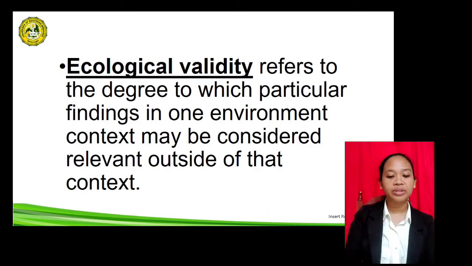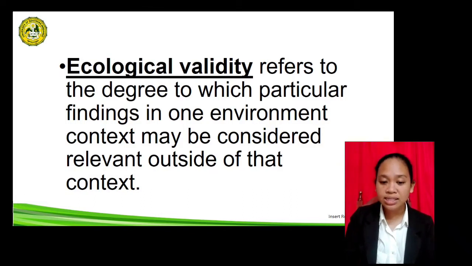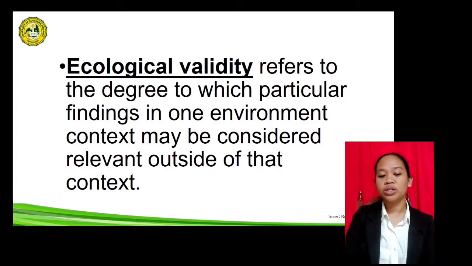So kumbaga, ecological validity examines whether the result of a study can be generalized into the real-life setting. For example, psychological research carried out exclusively among university students might have a low ecological validity when applied to the population as a whole. So, case studies and naturalistic observations have high ecological validity.